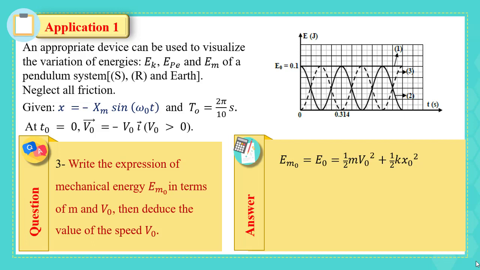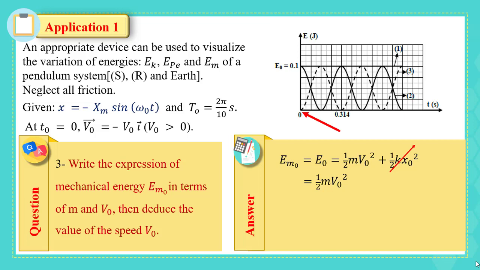But they want us to find it in terms of m and v0. At t equals 0, we have x equals 0, thus the elastic energy is 0. Then the mechanical energy EM0 is just half m v0 squared.